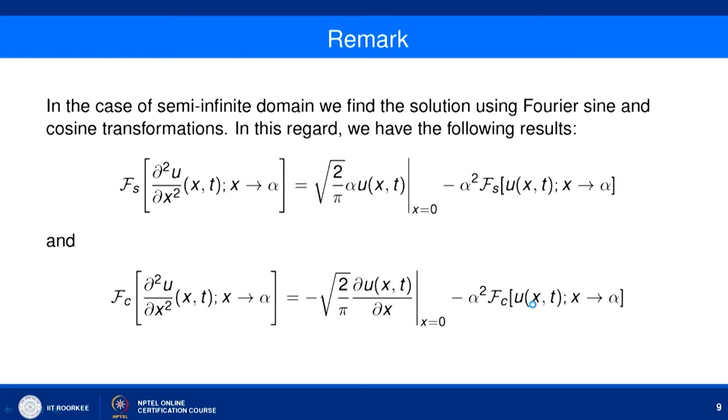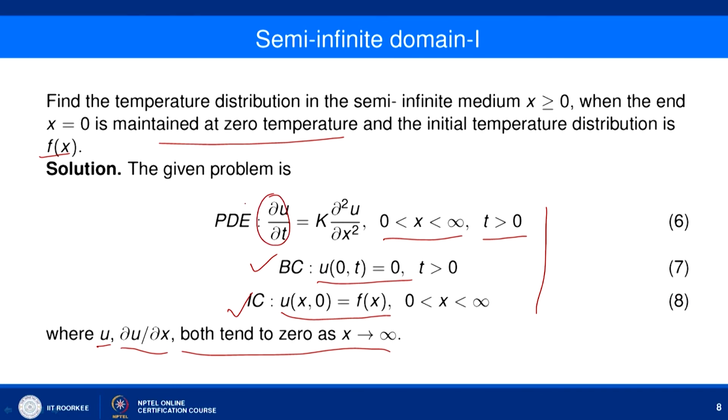Let us look at the following remark: in the case of a semi-infinite domain we find the solution using the Fourier sine and Fourier cosine transform, and in this regard we have the following result. This term can be handled very easily, it is d/dt of u-hat(α,t), but we have to handle this term by integration by parts.